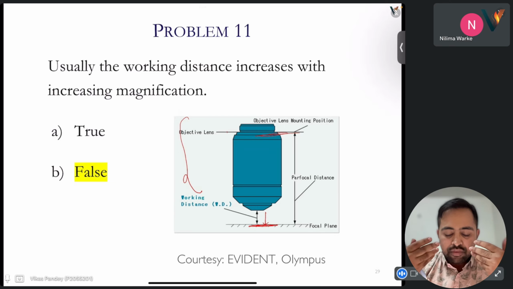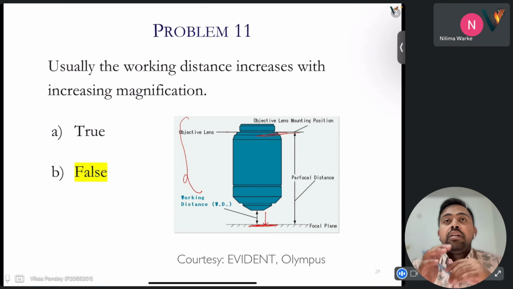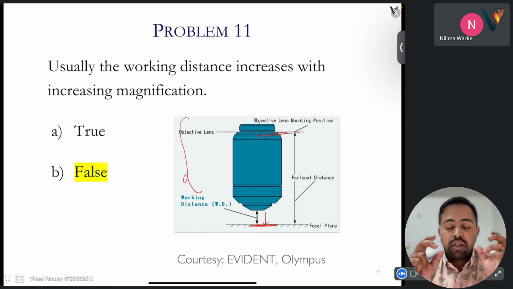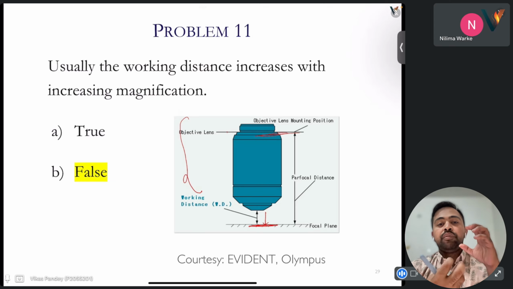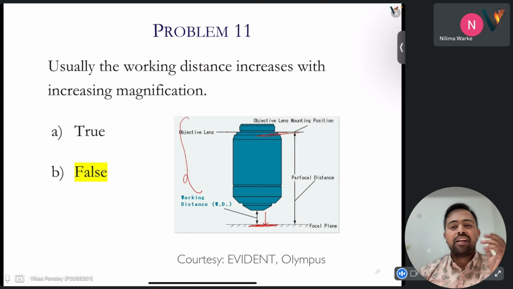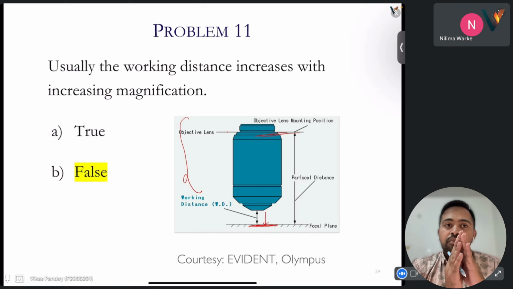So if we are trying to see more magnified image, and this is more true about systems where we change the magnification just by changing the distance between objective and eyepiece, right? When we have this compound microscope, then there is a range. Mostly we directly say this is 10x, 20x, it's fine, but still it will have a range.